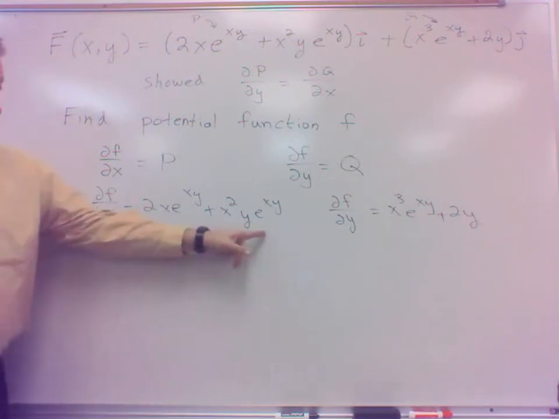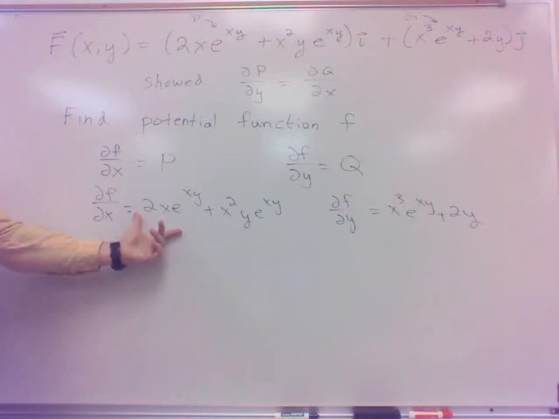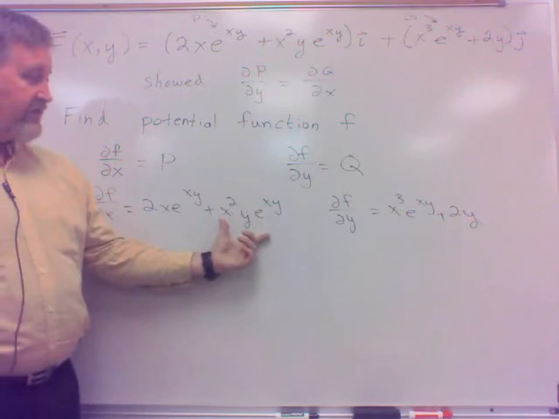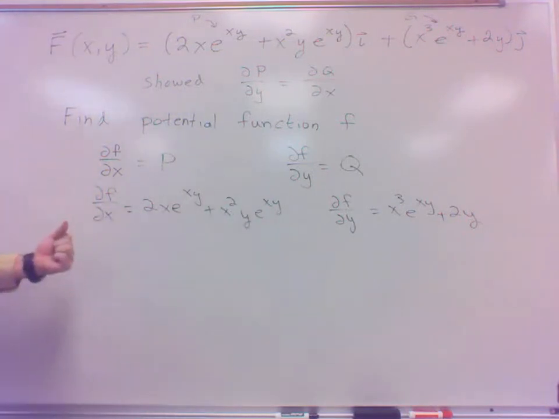But that's going to be a little difficult, because integrating that part with respect to x looks like it's going to be parts. Same thing here. We could do it, but it would be integrating by parts.